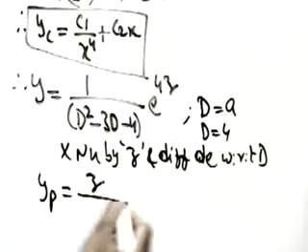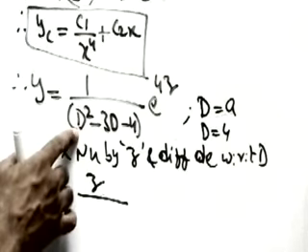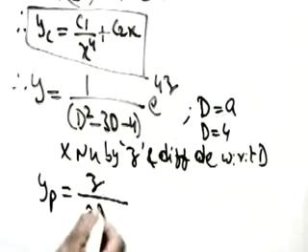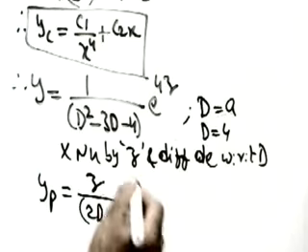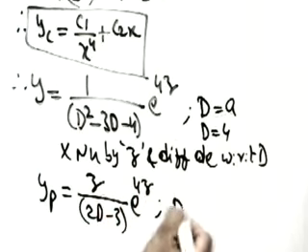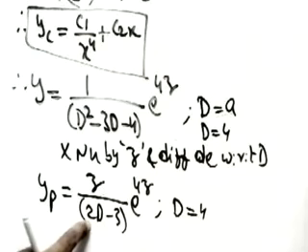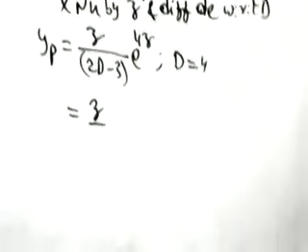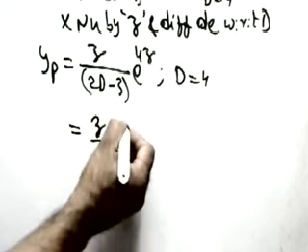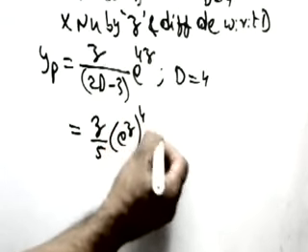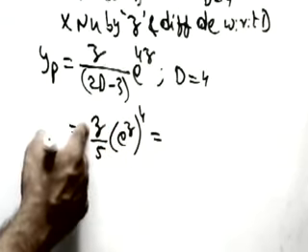So yp equals z into 1 divided by the derivative of the denominator: d square gives 2d, minus 3, into e power 4z. Now we can keep d equals 4. 2 fours are 8, 8 minus 3 is 5. So we can write z by 5, e power z whole power 4.